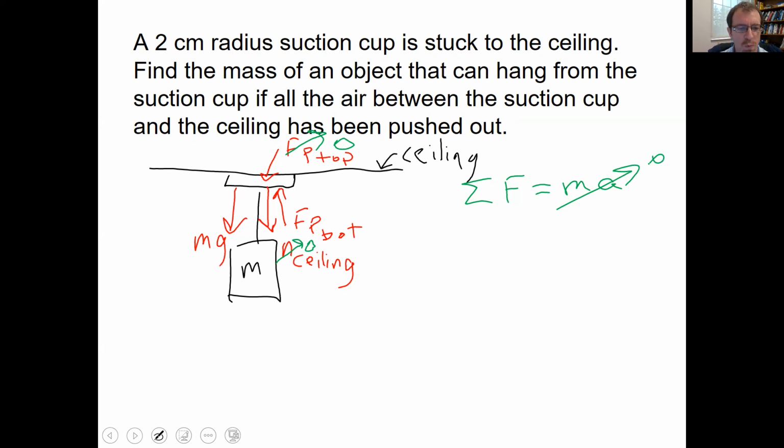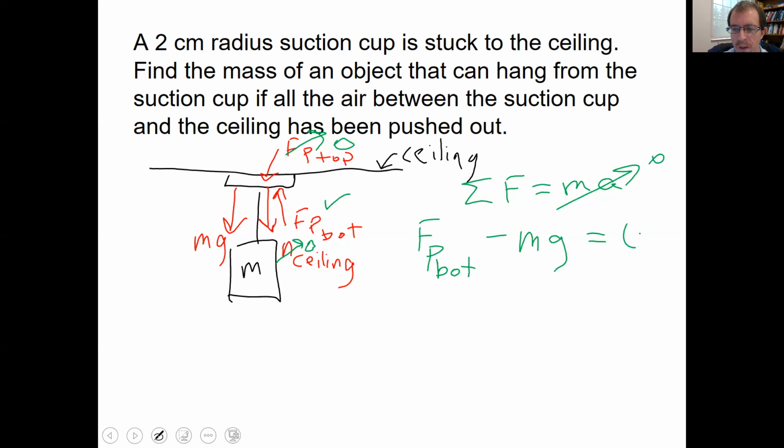And then what forces do I have left? Well, I've got a force due to air pressure pushing on the bottom surface of the suction cup. That's an upwards force. That's this one. And then I've got a downwards force due to this mass that I've suspended from the suction cup.